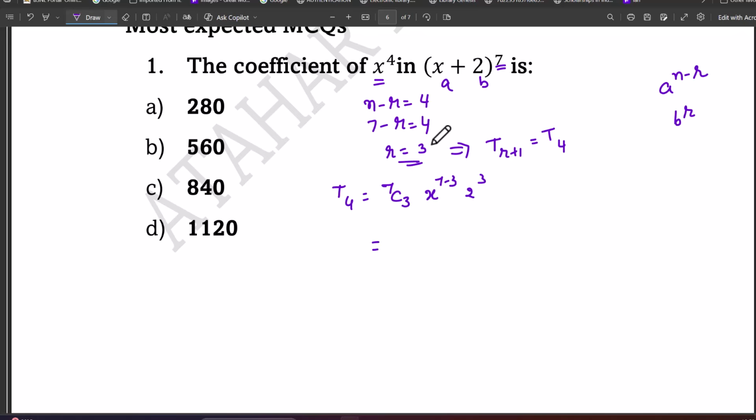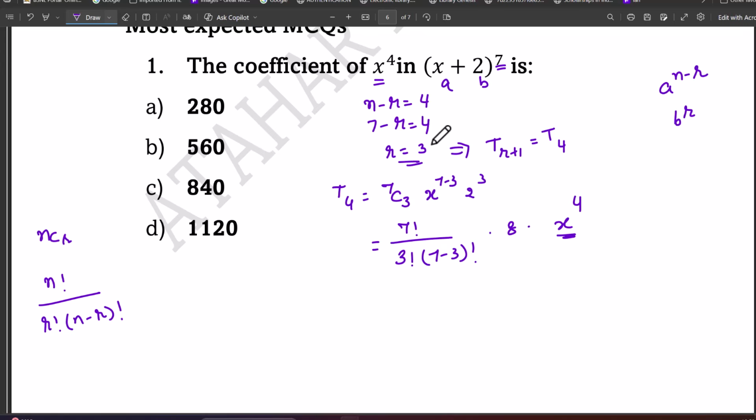Okay. So what is our formula? n factorial upon r factorial into n minus r factorial. That is our nCr, right? So here I will write 7 factorial by 3 factorial into 7 minus 3 factorial. I'll put x to the 4 here because that is what I have to find the coefficient of. 2 cube will give me 8 here. So here I will write 7 into 6 into 5 into 4 factorial.